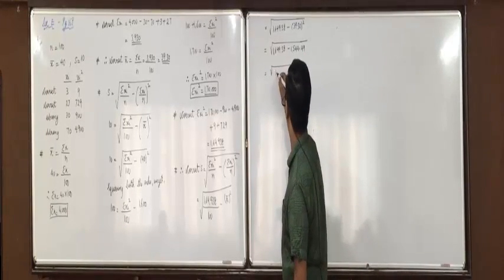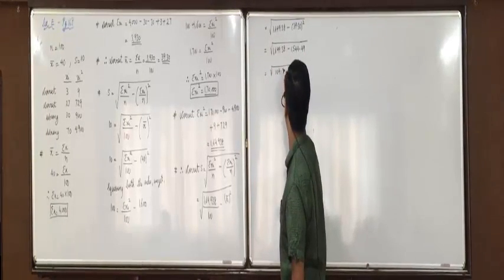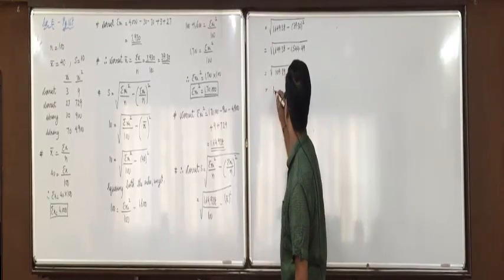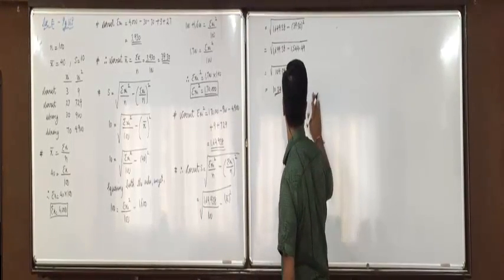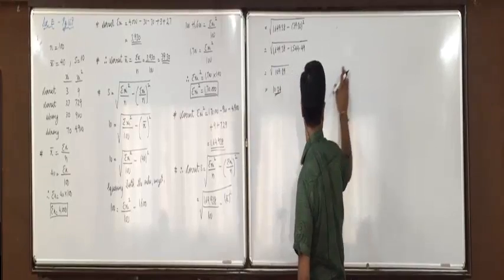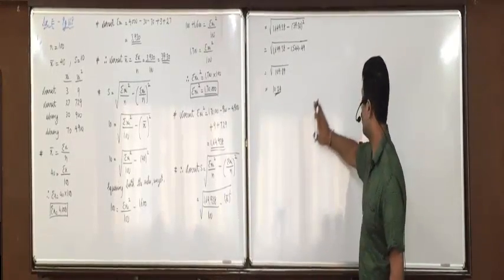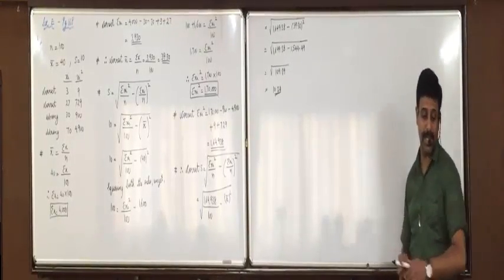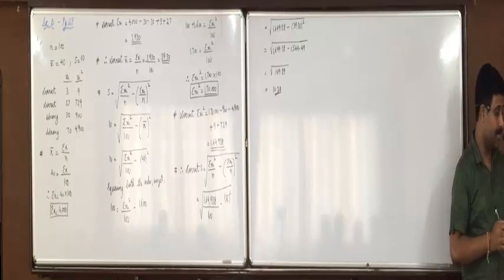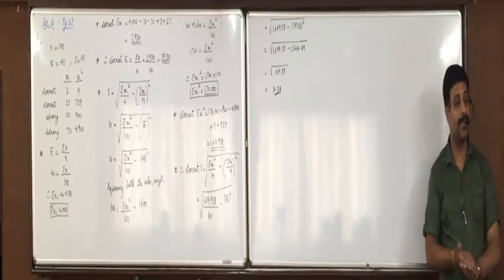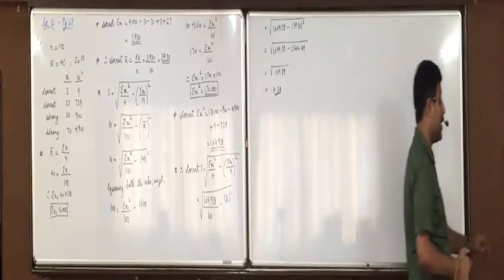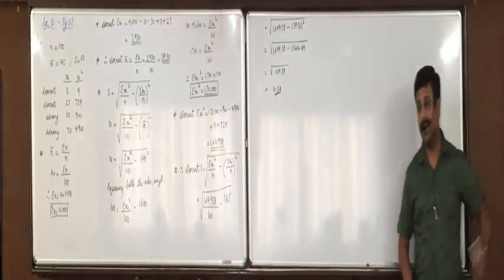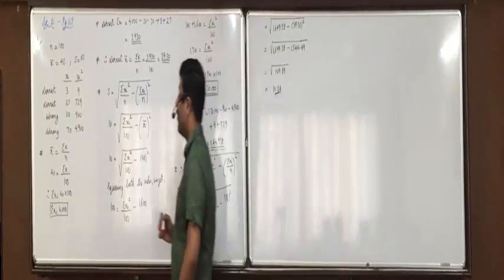So square root of 104.89 is 10.24. Do you all get this answer? Any confusions? So, a very important question, okay? Finding the correct mean and correct standard deviation is a very important question.